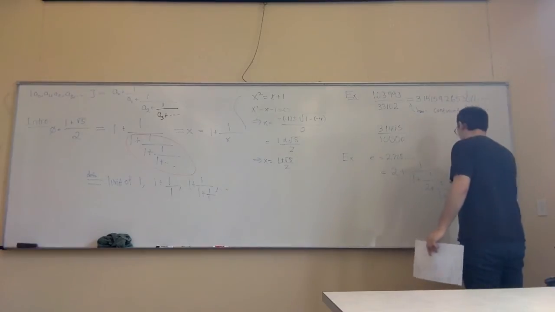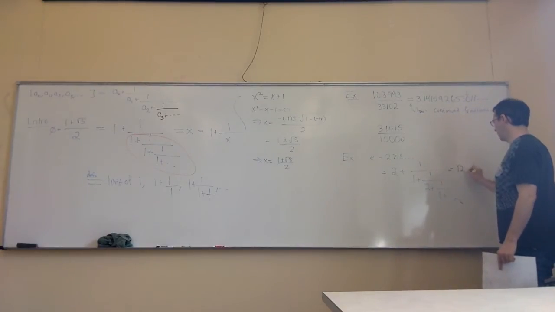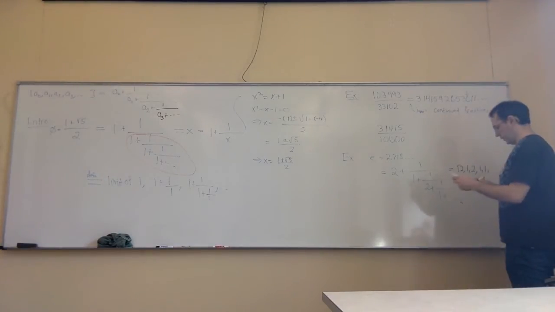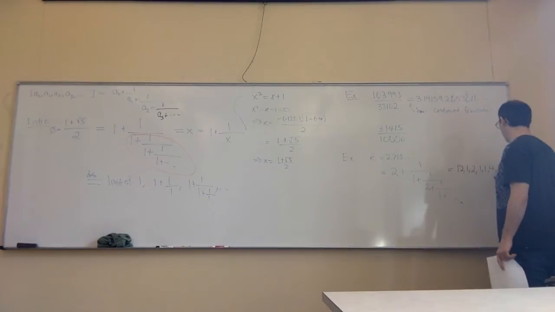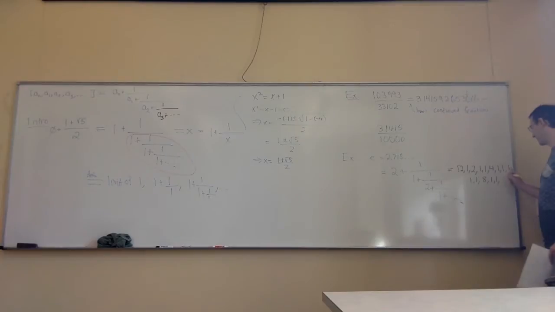So rewriting this using the notation I just introduced, it's 2, 1, 2, 1, 1, 4, 1, 1, 6, 1, 1, 8, 1, 1, guess what the next number is? Nope. 10, it is 10.